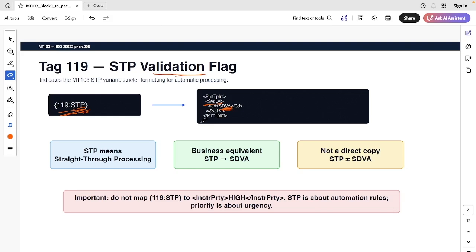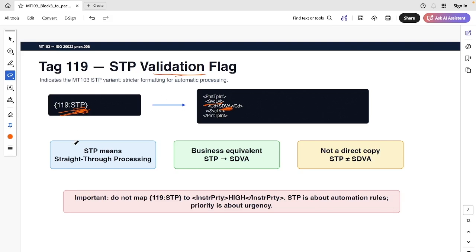It could also impose rules on charge bearer, agent data, party data, or other fields. Therefore, any SDVA value that appears in the resulting message comes from the applicable pacs.008 STP or CBPR plus rules, not because the letters STP are directly translated into SDVA in ISO 20022 format.